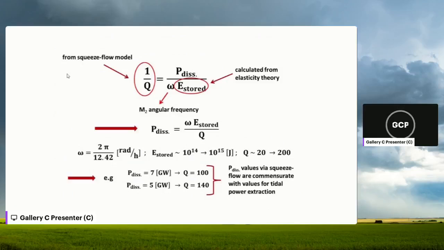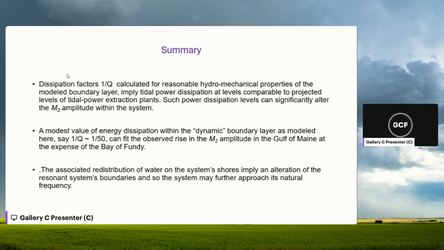And I get basically, for the numbers that were calculated by Pelling and others, the same amount of energy extracted. So that mechanism can be as efficient as installing these turbines.